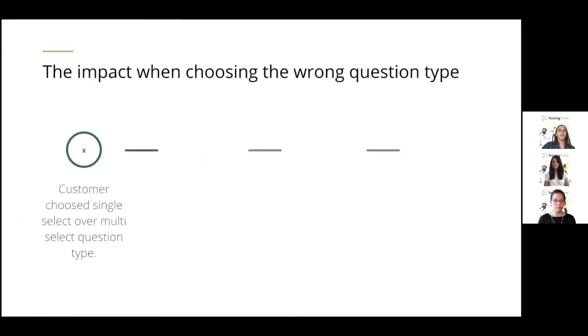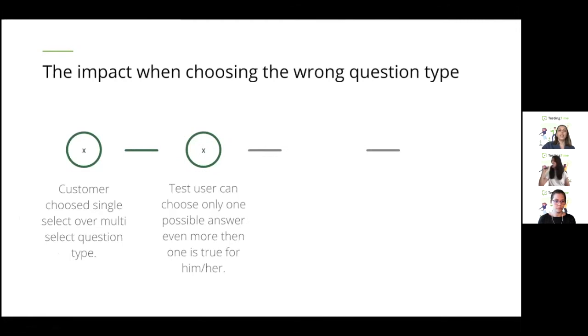So basically the customer chose single select over multi-select question type. And here the test user can choose only one possible answer, even if maybe more than one is true for him or her. Like in the example, we had MasterCard, Visa, and Twint. Maybe I'm using MasterCard and Twint and not just Twint, but here I have the possibility to choose only one answer.